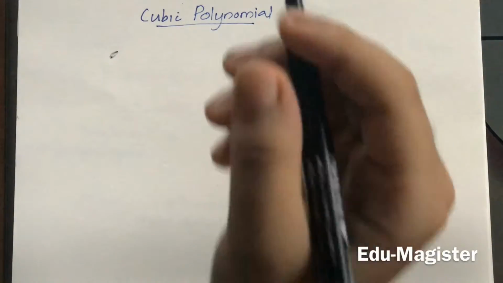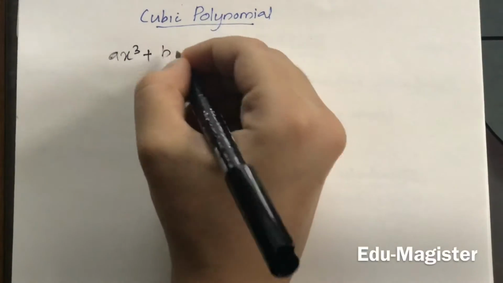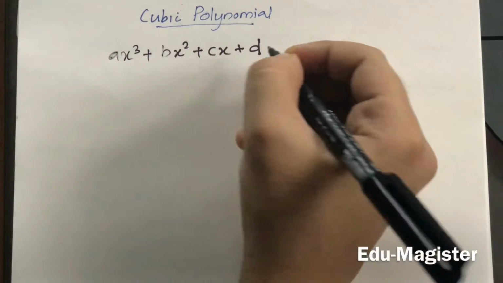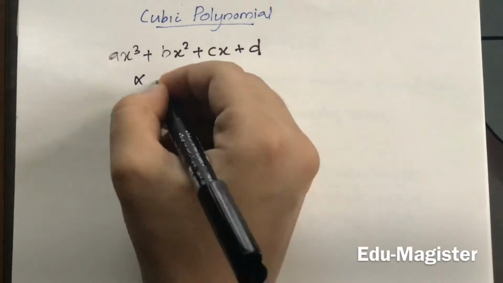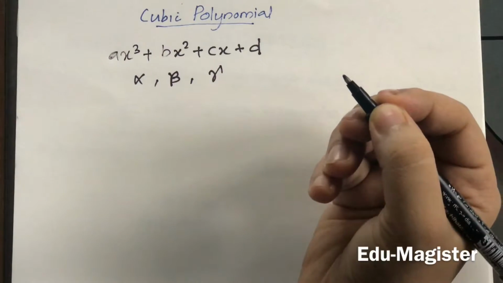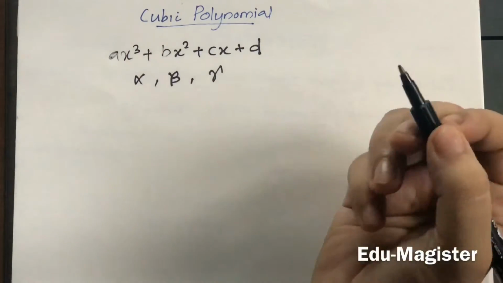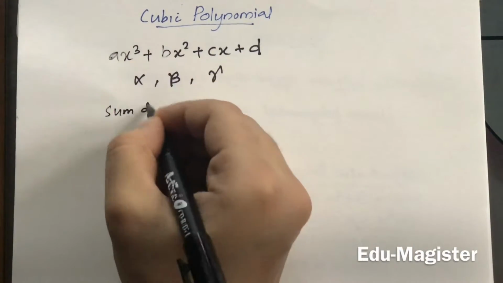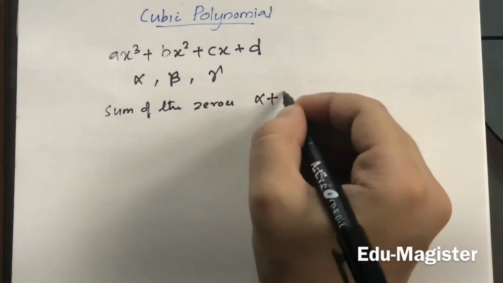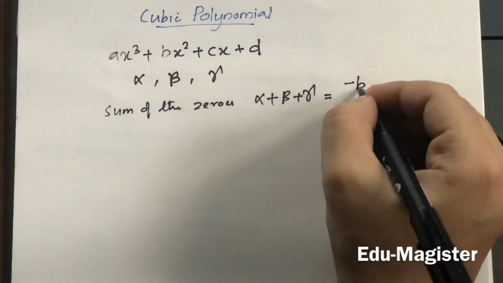Similarly, you can prove that for any cubic polynomial, ax cube plus bx square plus cx plus d, if alpha, beta and gamma are the three zeros, again gamma is also a Greek letter, you can say that the sum of the zeros alpha plus beta plus gamma is equal to minus b by a.